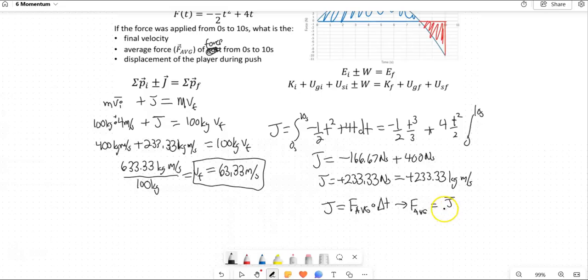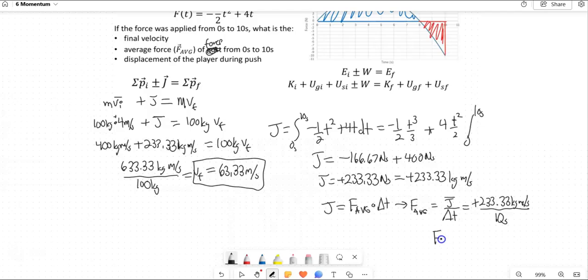We're going to take impulse and divide it by time. This is going to then be the impulse, which is positive 233.33 kilogram meters per second that we're going to divide by 10 seconds.